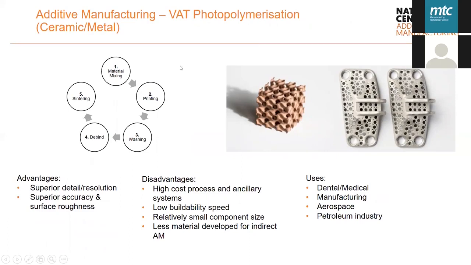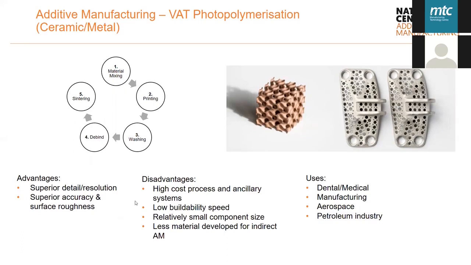So the advantages of this process compared to other metal AM processes is that you get, again, superior detail and resolution, again, due to low layer thickness, and also accuracy and surface roughness of components compared to other metal AM systems. The disadvantages are that usually it's quite a high cost process in some cases, again, due to the fact that you have this ancillary equipment, so the furnaces potentially could be of high cost depending on what reducing environments you go for and also what sizes you go for.